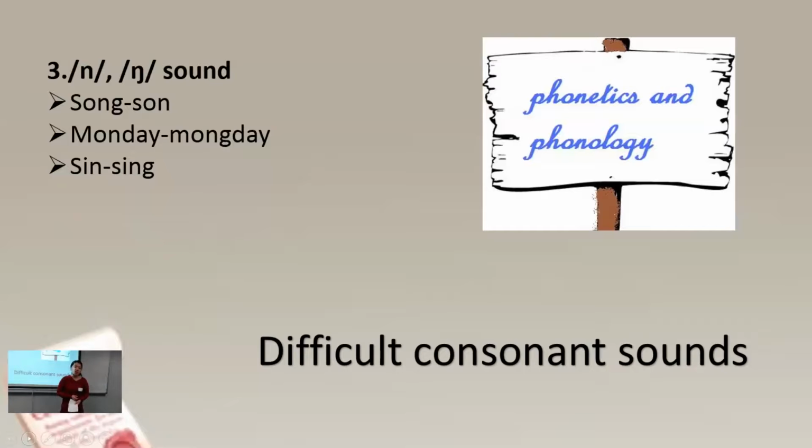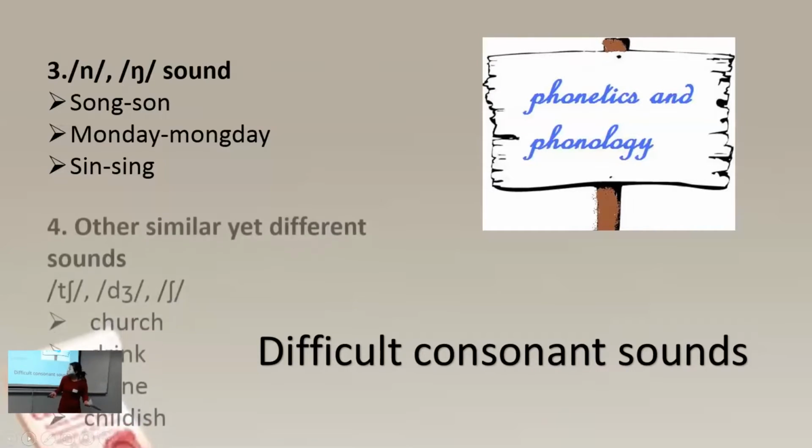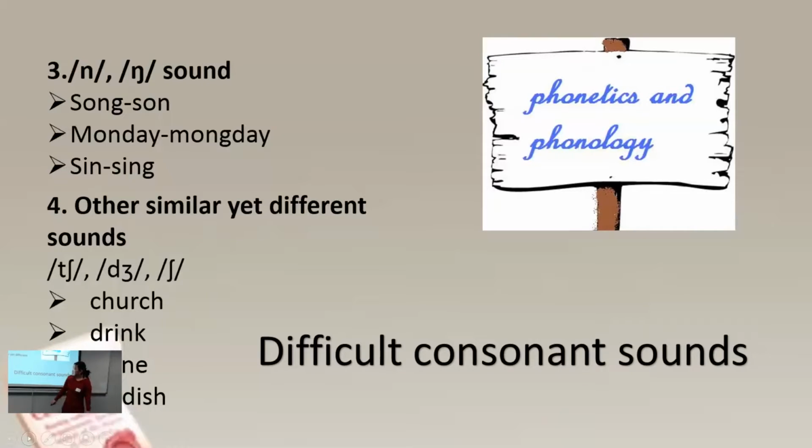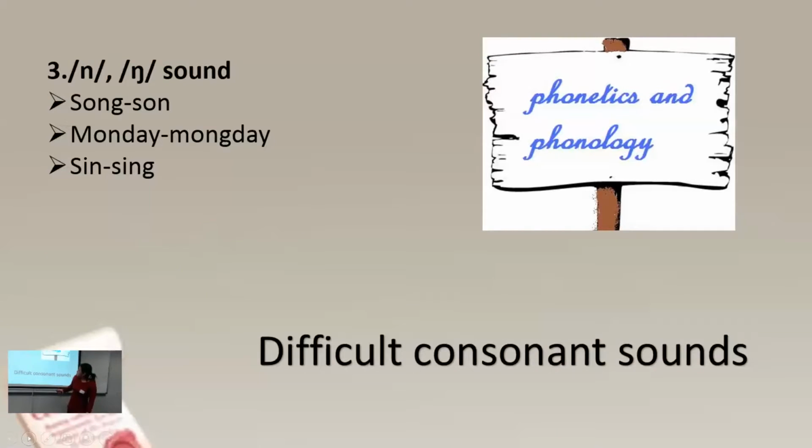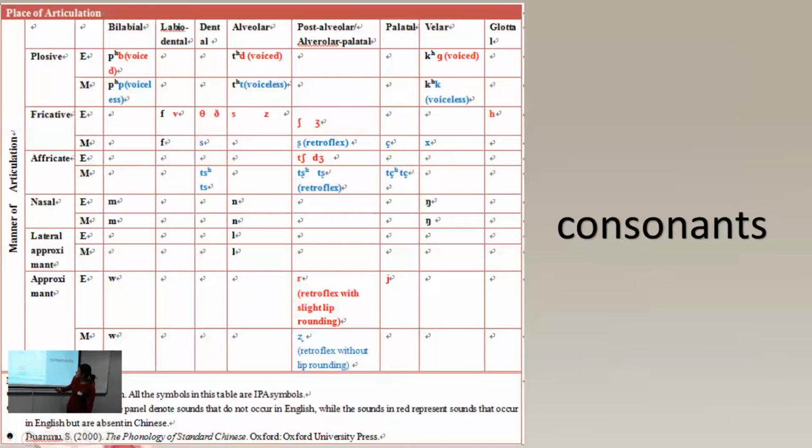But sometimes when they speak Chinese, they cannot even distinguish them. So, as I said, in that chart, there are some sounds that are similar, but not the same. As for Chinese consonants, most of them are voiceless. As I said here, you don't feel the vibration, voiceless. But many English consonants are voiced.